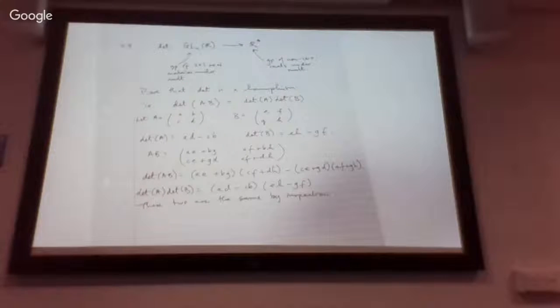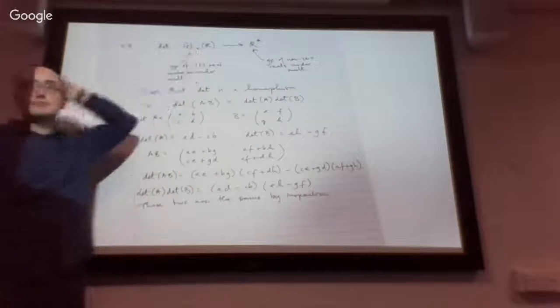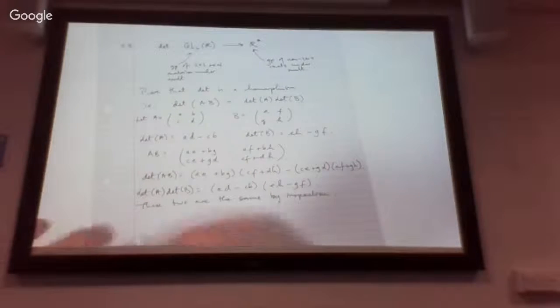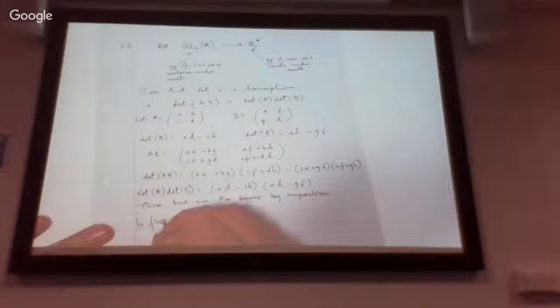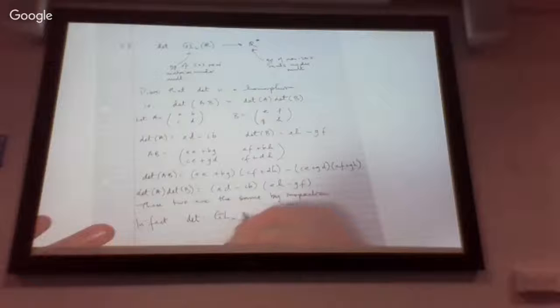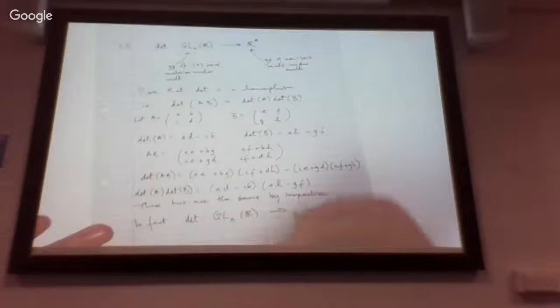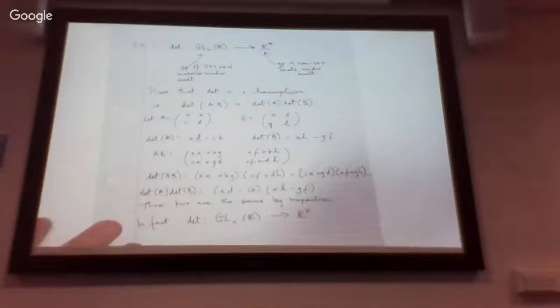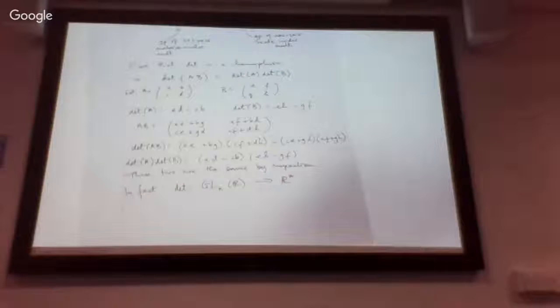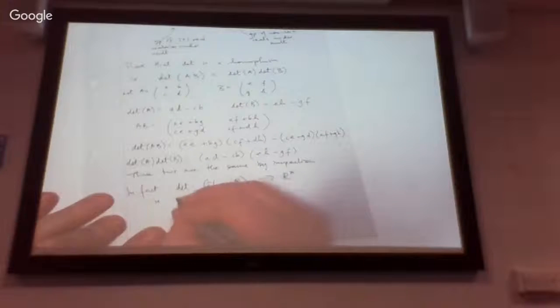So that proves that the determinant is a homomorphism, at least on GL2 to R. In fact, det from GL of any size of square matrices to the group of multiplicative real numbers will also be a homomorphism.